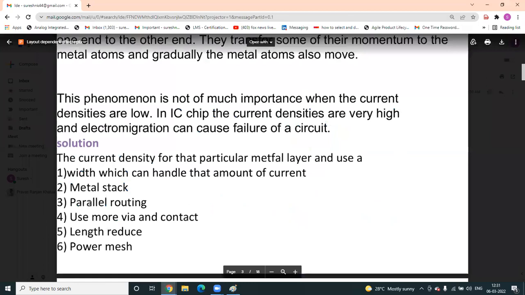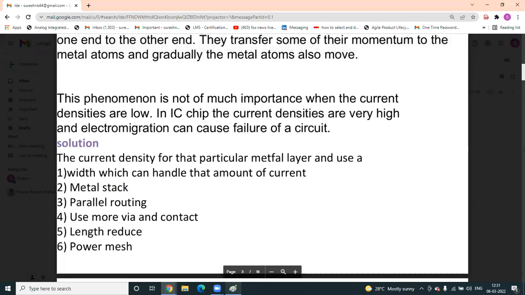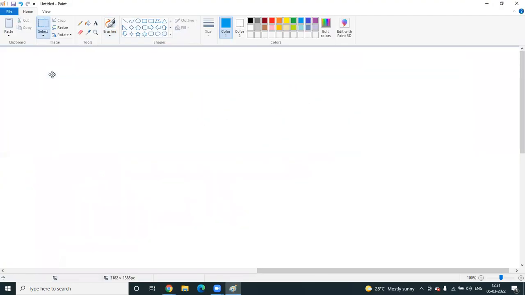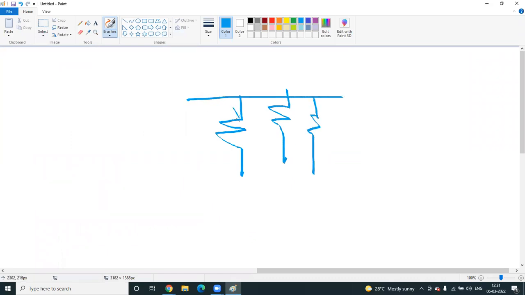Parallel routing, more current. In parallel, currents will be added. This is also the same point. Metal stack is also like this, okay, I'll tell you about metal stack, more via contacts. This is like parallel, you understand. So the current will add: this is 1 ampere, 1 ampere, 1 ampere, and you will get 3 ampere.